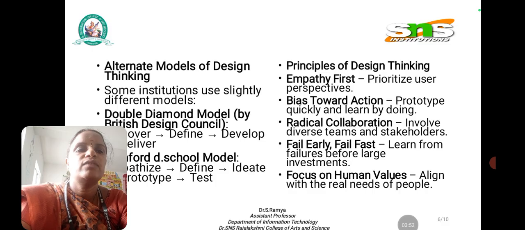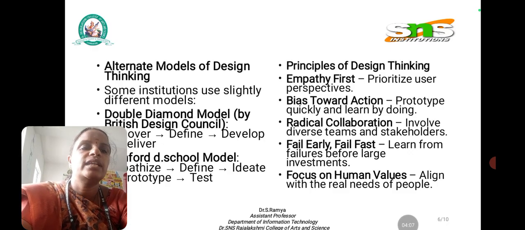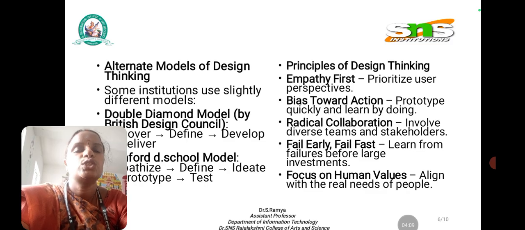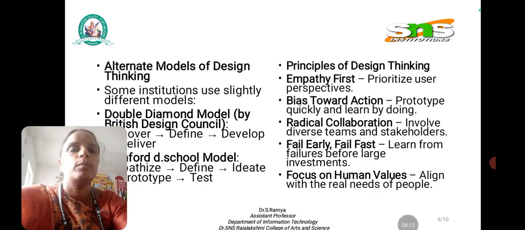Fail early and fail fast: learn from failures before making a large investment. We can gather information on the success rate and analyze the data behind the process. Focus on human values aligned with the real needs of people. Based upon human needs, we can work out how to solve the problem.